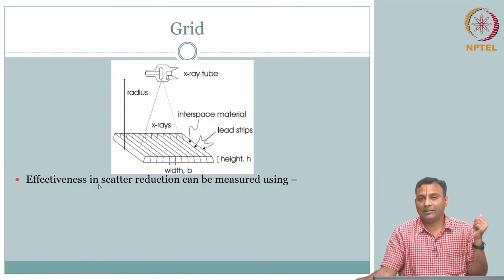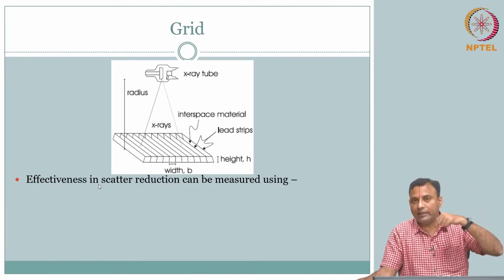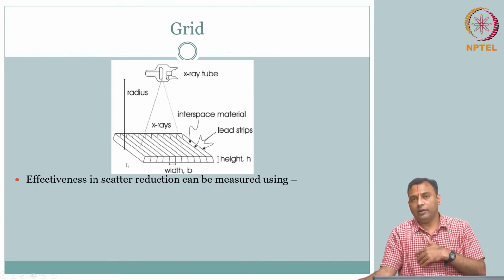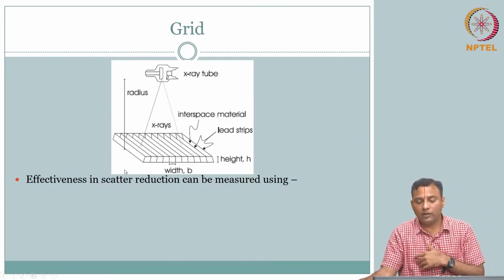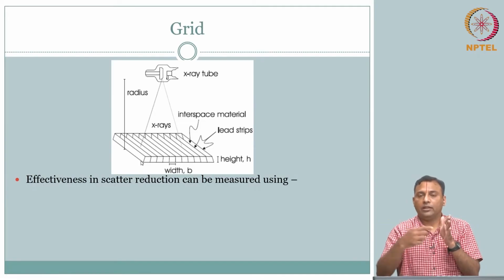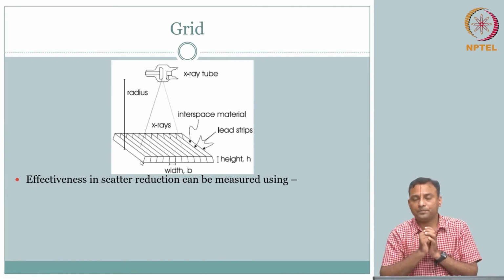How can we measure it? What is the effectiveness? I want only the straight line to come through. I want to obstruct whichever is coming at an angle. I want the lead to catch the ones coming at an angle, the Compton scattered ones.